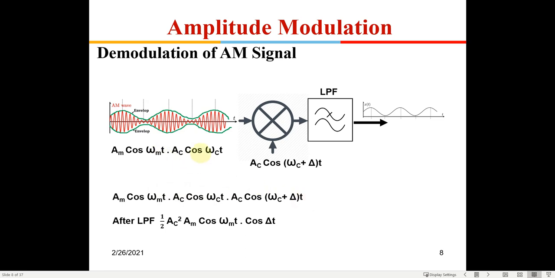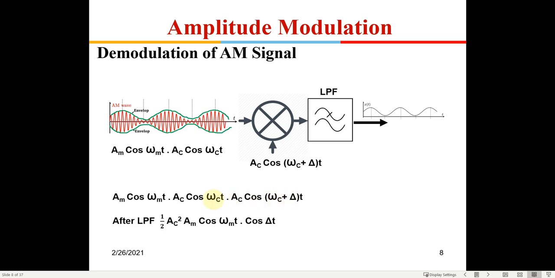Then you multiply all these things and do a little bit of mathematical manipulation. What you will get, once you pass it through the low pass filter, is cos omega t and cos delta t. If you multiply these two, what do you get? Cos a into cos b gives cos(a plus b) plus cos(a minus b), so you get those terms.